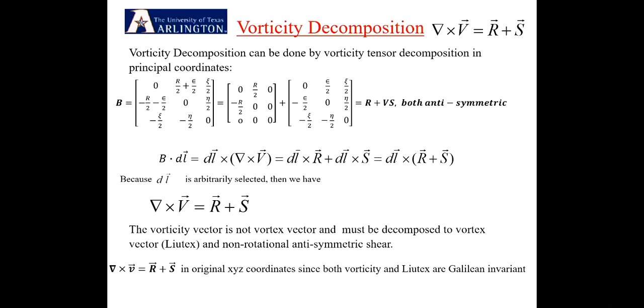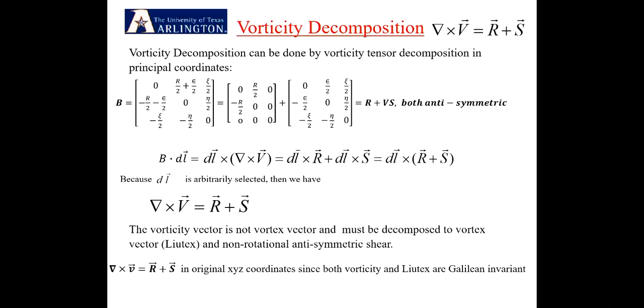The vorticity, or curl of velocity, we call Q, is equal to R plus S. This is exactly a mathematical formula, a vector, with two parts, rotation and shear. This is exact. You don't need to be suspicious.